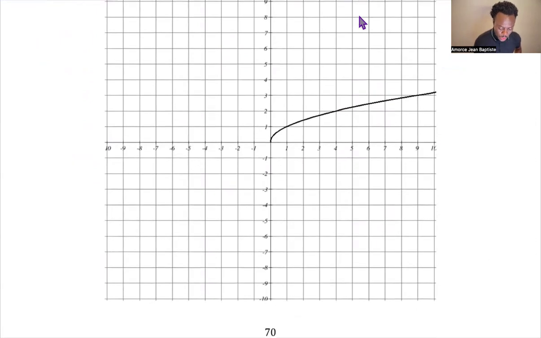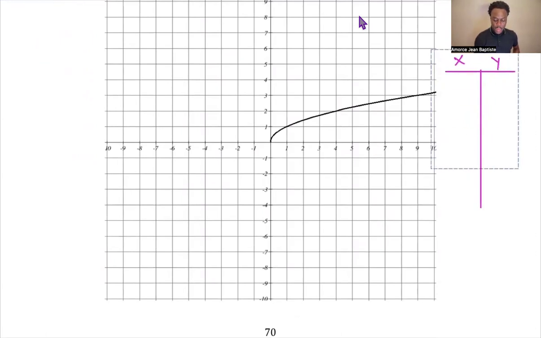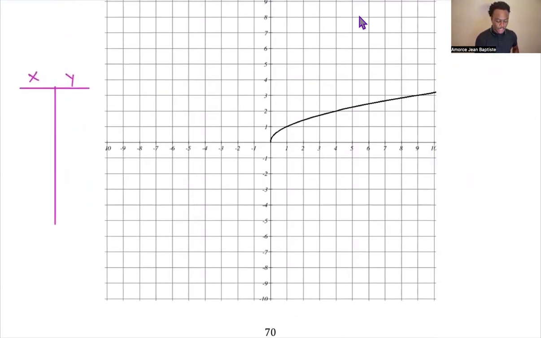To graph that function, we're going to want to make up this table, X and Y. Remember how to find those values using your graphing calculator: you type the function, clear your calculator, push the Y equals button, type your function, then press second, table, and it will give you those values.